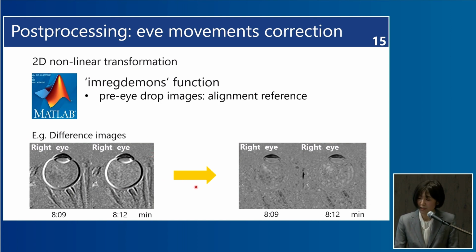After post-processing, any white and black edges that appeared due to movement were corrected. The low signal intensity in the anterior chamber region suggested the presence of O17 water.